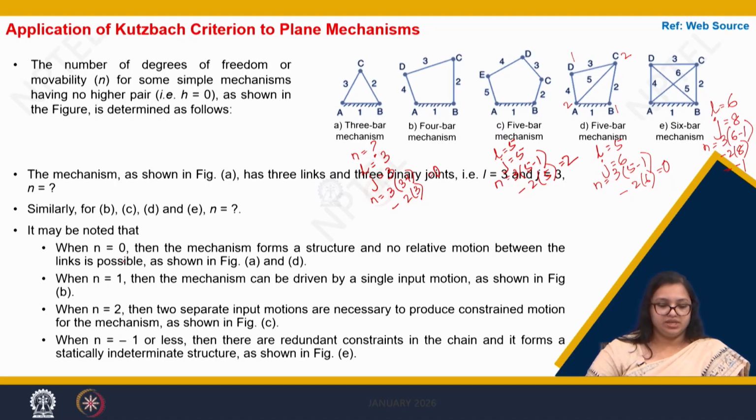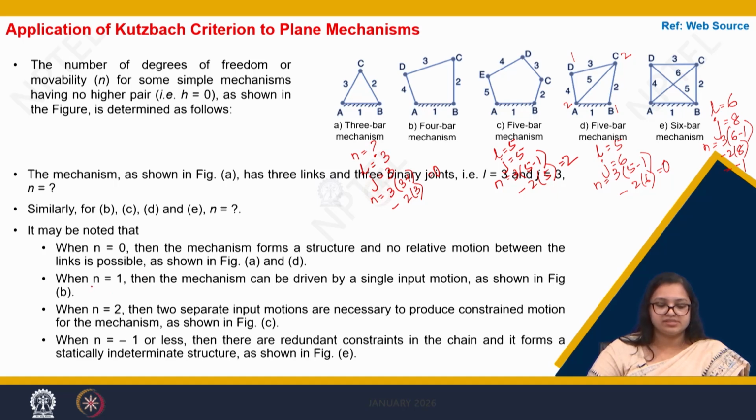So what we understand here is when your degrees of freedom is 0, the mechanism cannot have a definite motion. So we call it a structure.